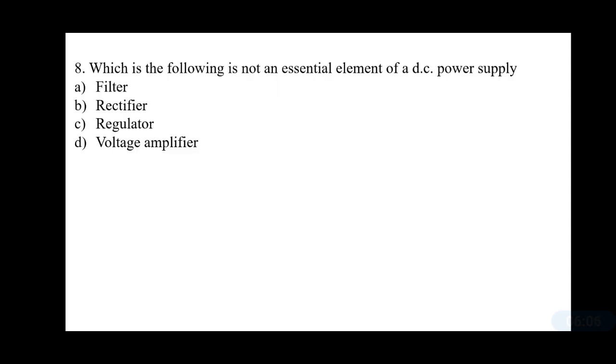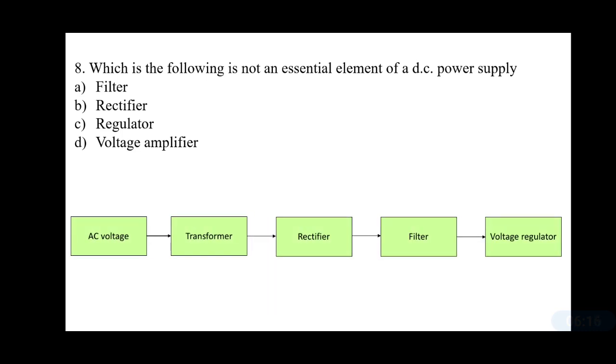Next question. Which of the following is not an essential element of a DC power supply? A DC power supply includes a rectifier, filter, and voltage regulator. In a DC power supply there are blocks: the AC voltage, a transformer, then the rectifier, which converts AC to DC.